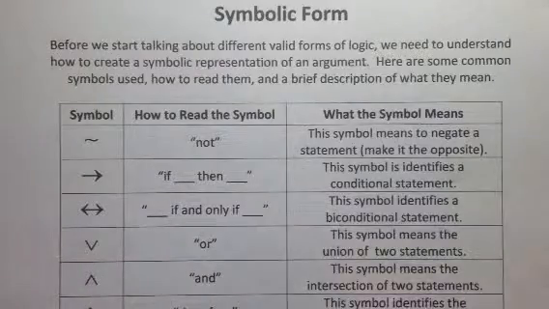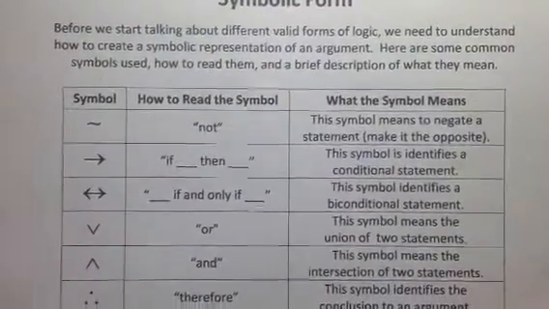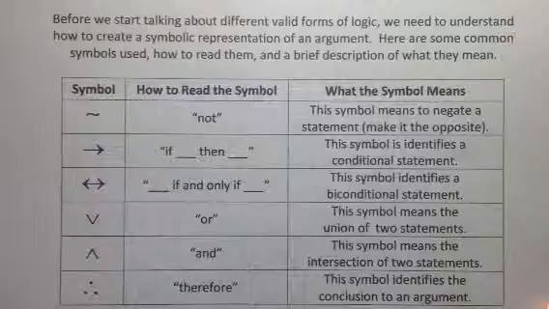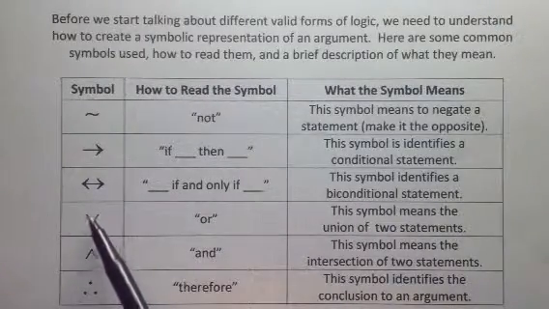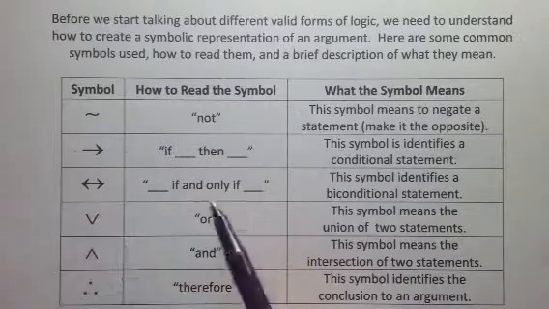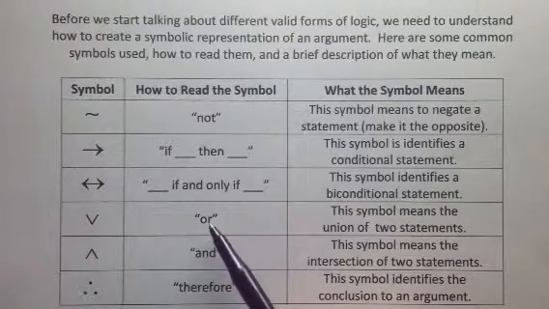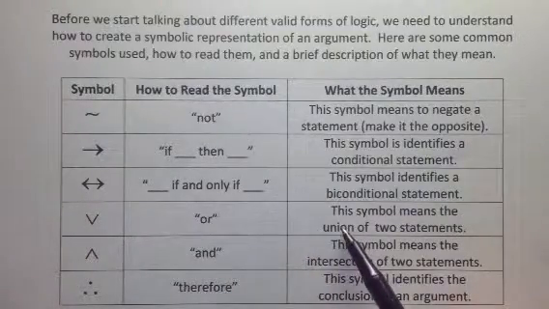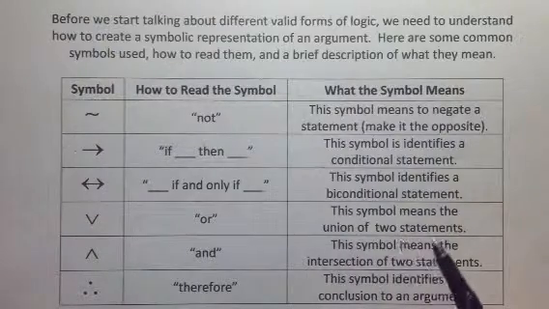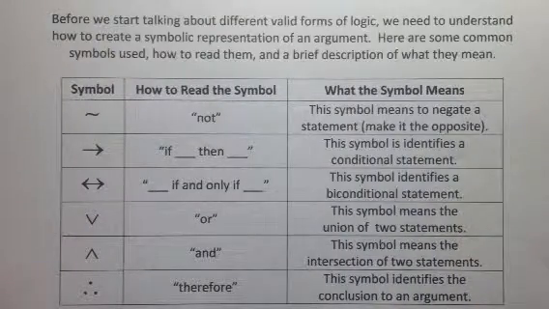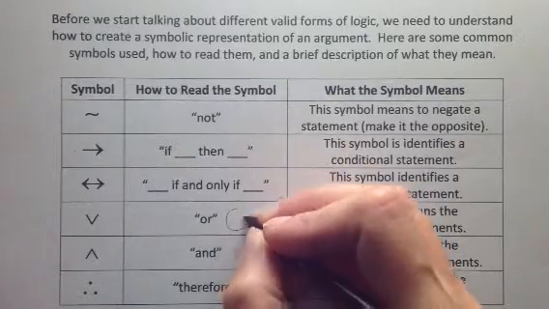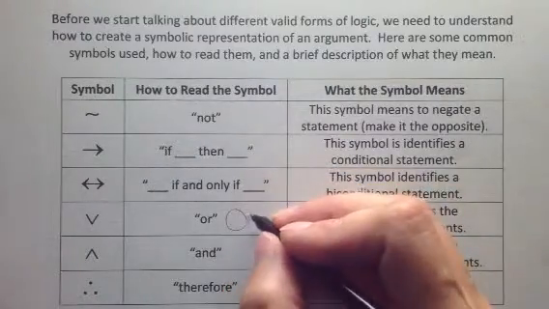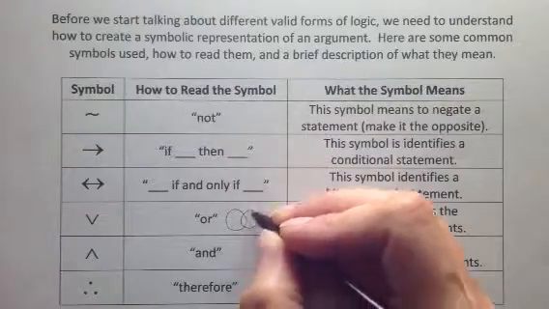Okay, now this one will be totally new to you no matter when you watch this video, unless of course you've seen it in geometry before. This upside down caret is an or, and I always remember it as the union of two statements, because when I'm talking about a Venn diagram, for example, the union, the or, means that if it fulfills this or this, it makes it true.